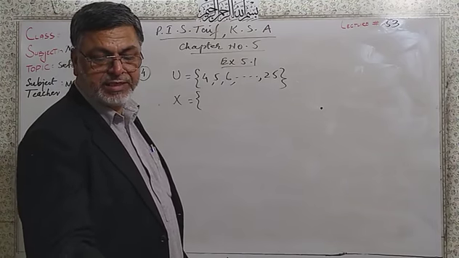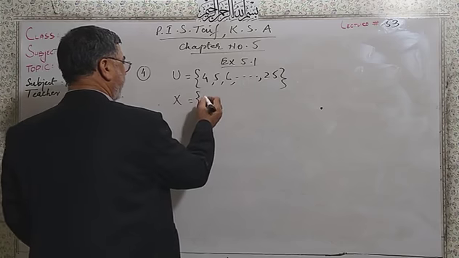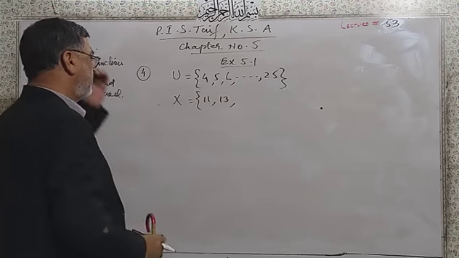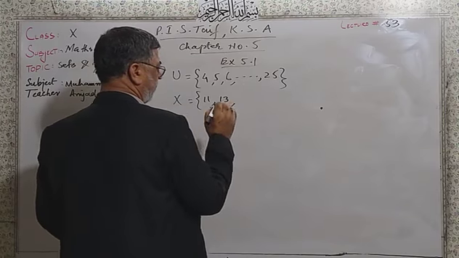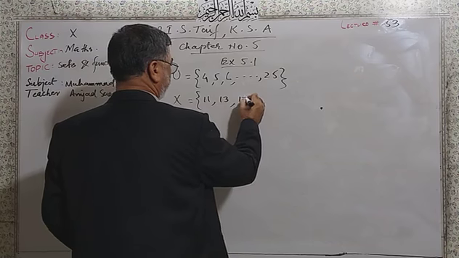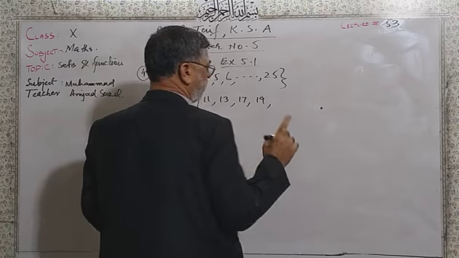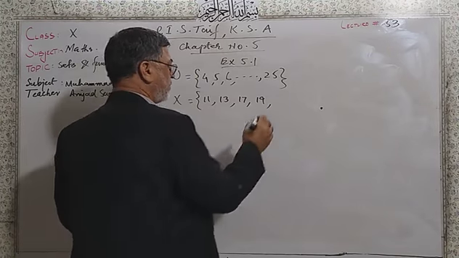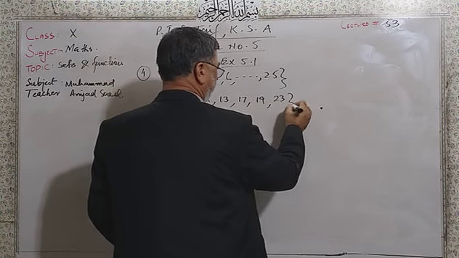X is a prime number and x is greater than 8. Greater than 8 is 11, 13, not 15, 16, 17, 19, not 20, 21 not, 22 not, 23, 24 not and 25 not.